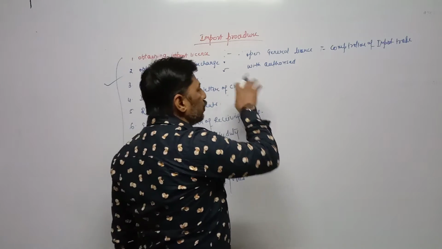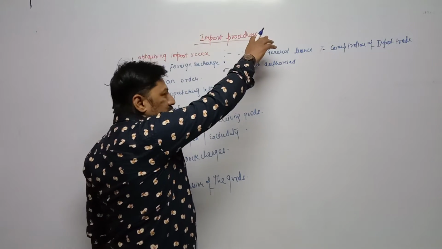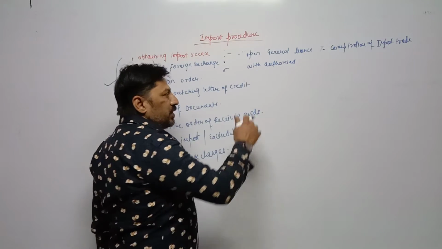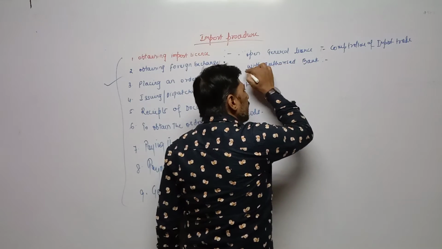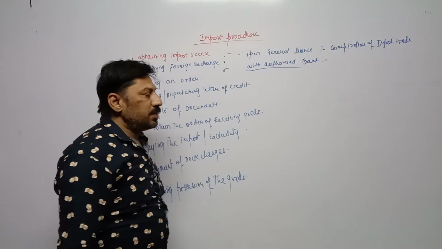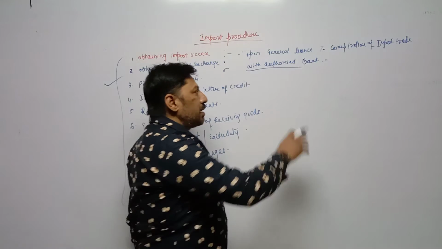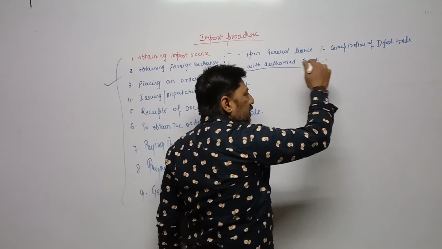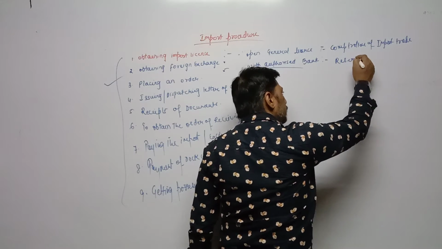So first of all, they need to submit all their documents, import license, other documents with authorized bank, and then they will get an acknowledgement. Acknowledgement means a kind of permission, but that permission is not sufficient. After getting permission from authorized bank, then they need to apply with RBI, Reserve Bank of India.